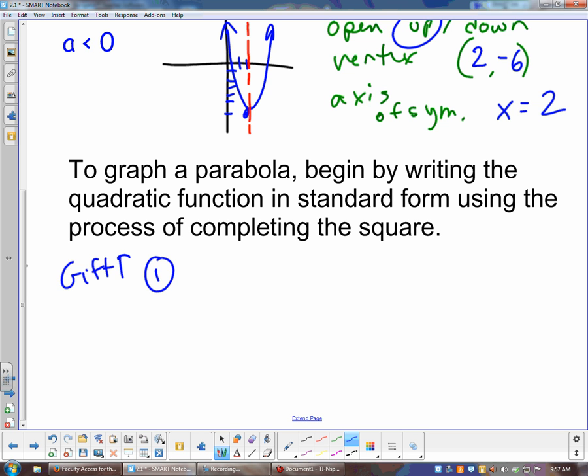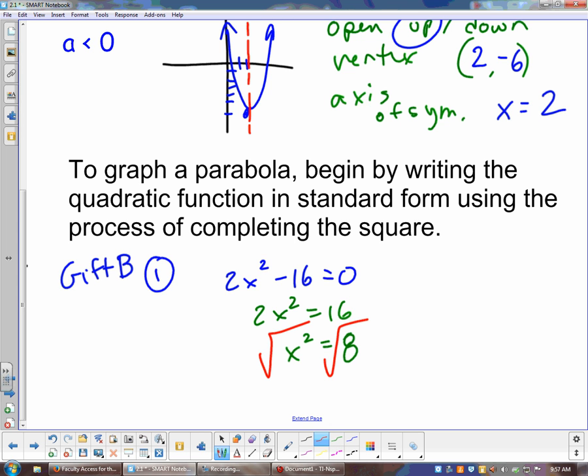All right, so number 1 on this gift B. Number 1, it says solve 2x squared minus 16 equals 0. So what would you do to solve that? Add 16 to both sides. Add 16. Divide by 2. Divide by 2. Take the square root.